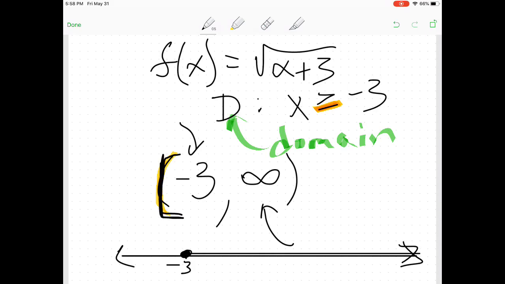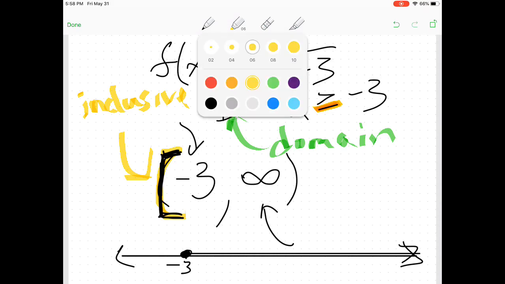This bracket means inclusive. We are including -3 in the domain, right? x is greater than or equal to -3, so we want to include the value of -3.